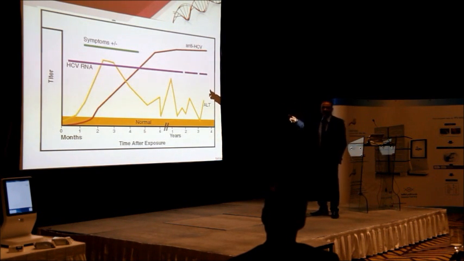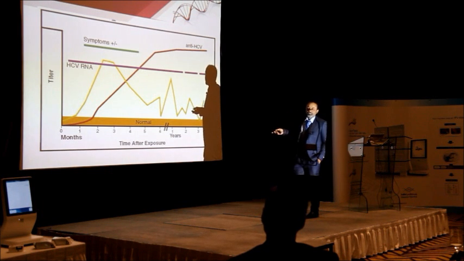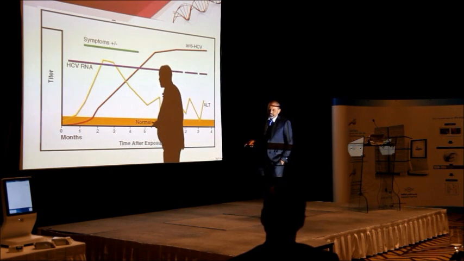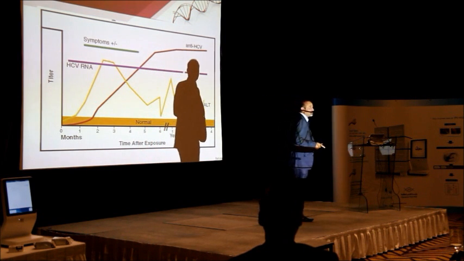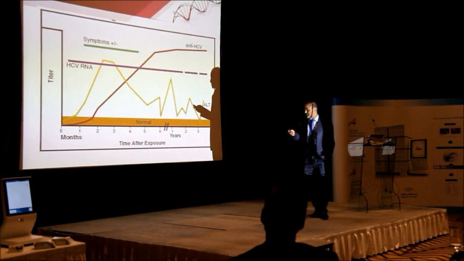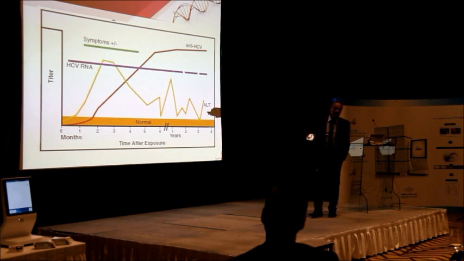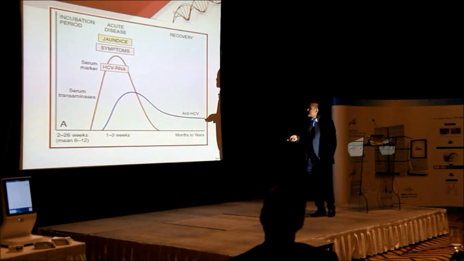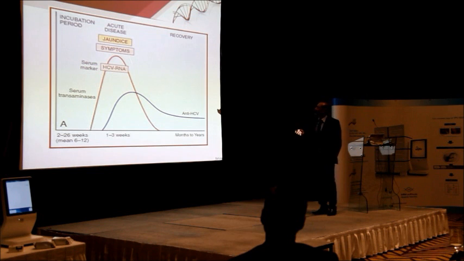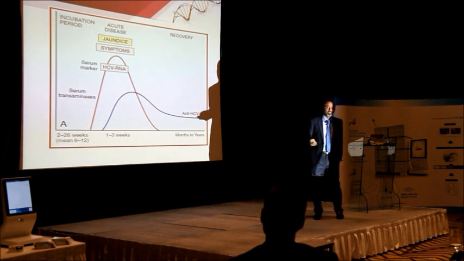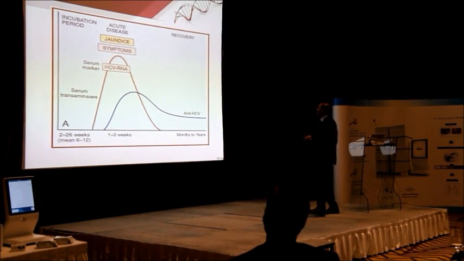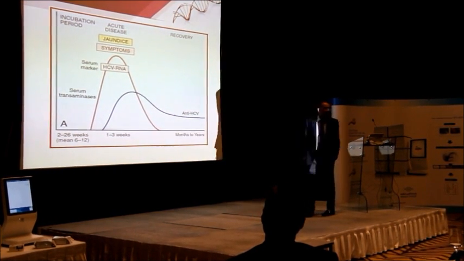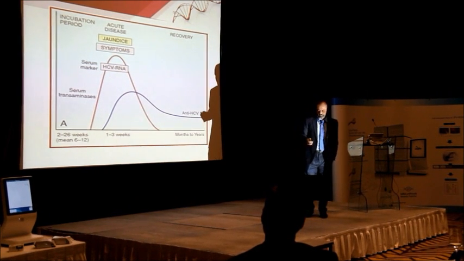So when you do ELISA, or even the confirmatory test, which is RIBA, you still get positive results. This will misdiagnose, giving a false positive for this person. That's exactly what happens: the RNA has vanished because of treatment, or the person got rid of the infection through the immune system, but anti-HCV is still there. So this is another problem with ELISA.